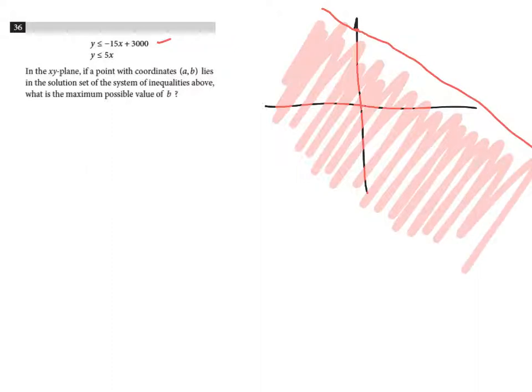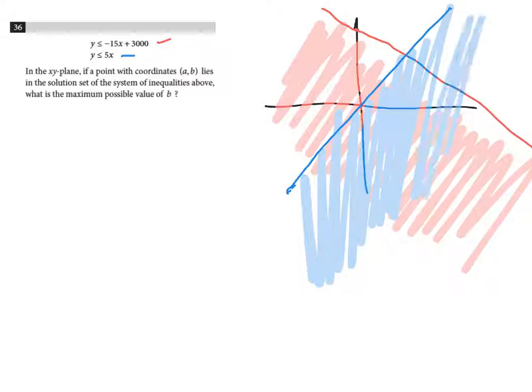For our next one, we'll do blue. y is less than or equal to 5x. 5x is just going to be some kind of line that goes up like this, and we want the region where y is below it.